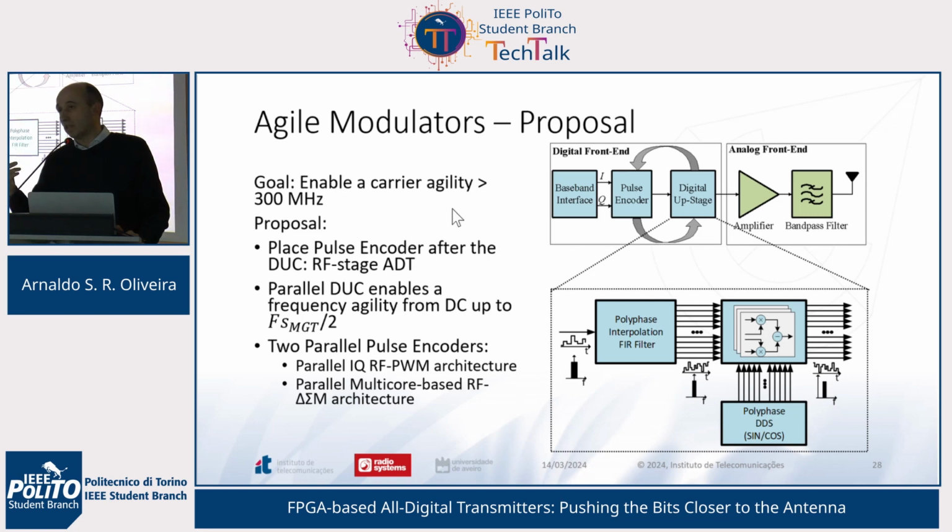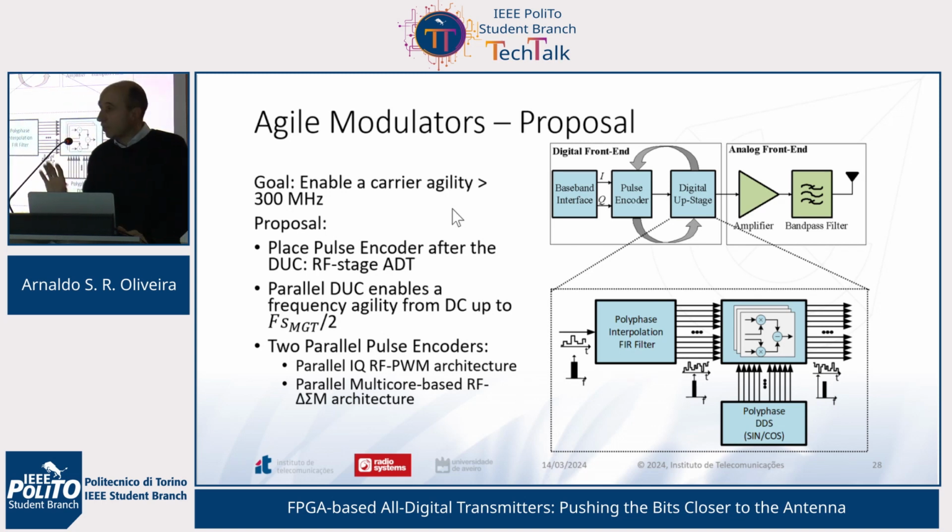Of course, it makes the design more difficult, more challenging, because the pulse modulator, either delta sigma or the PWM, will operate at RF speeds. But in this case, we will have a higher oversampling ratio, and then we have better control of the carrier frequency. We changed the order of the blocks, and for the pulse encoder we used two approaches, either PWM or delta sigma.